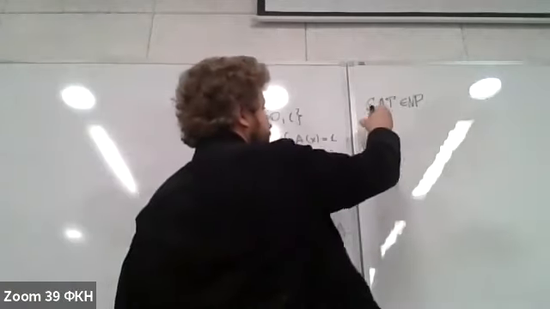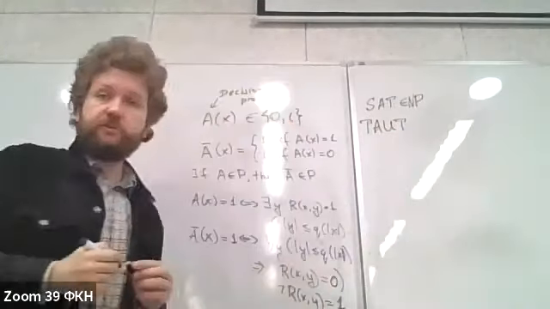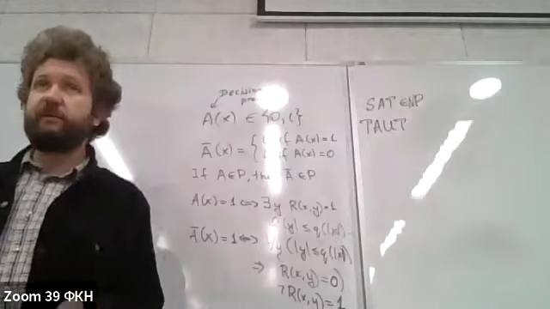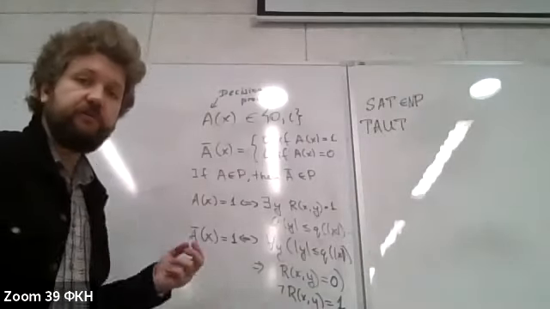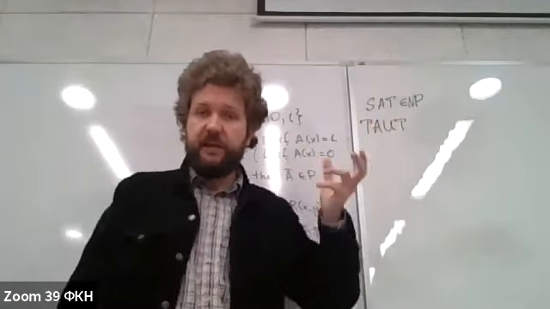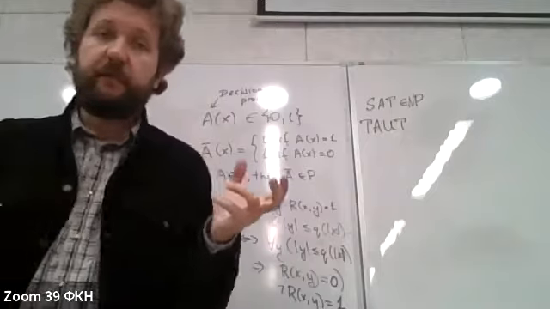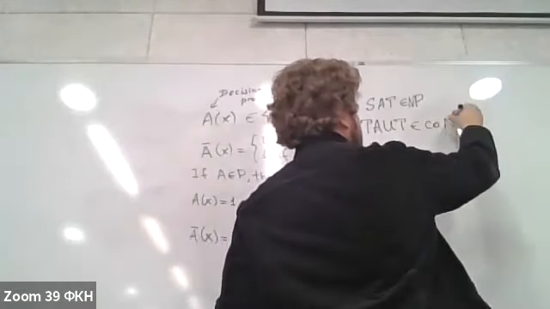So we have a dual problem, which is called tautology. Tautology is not polynomially solvable, unless P equals NP. It's a dual to SAT. How do you deal with tautology? I will say this is in co-NP. Why?